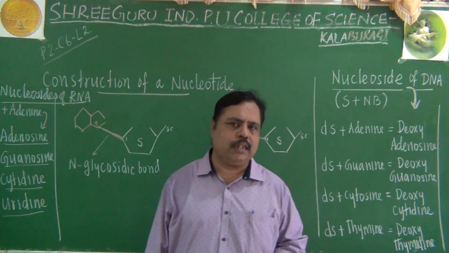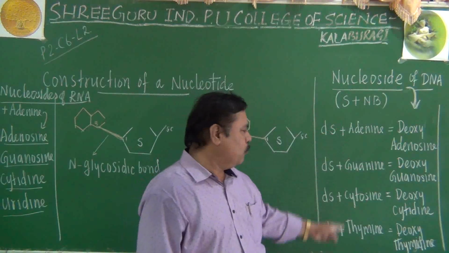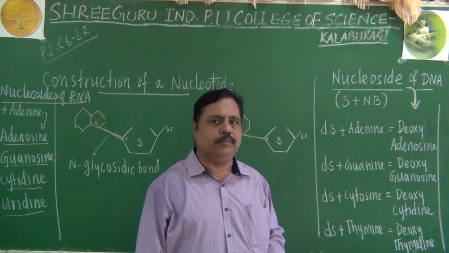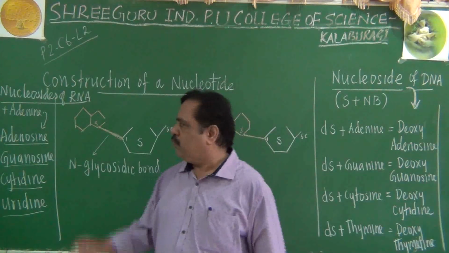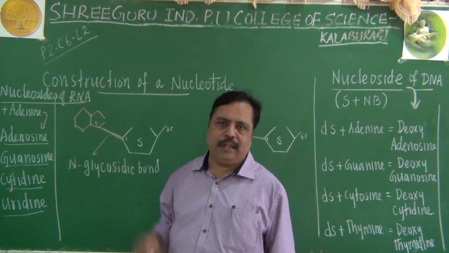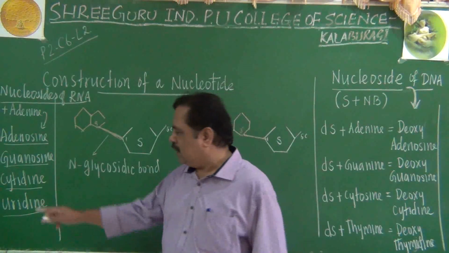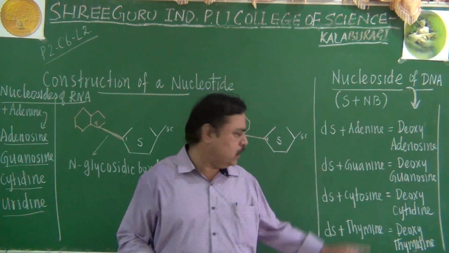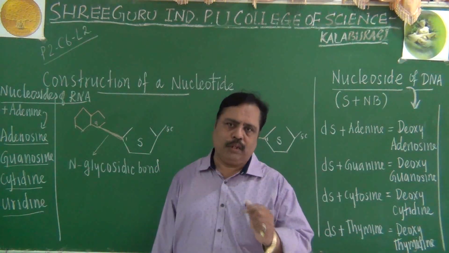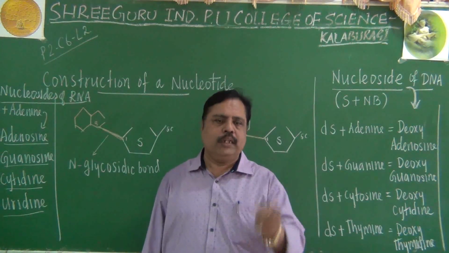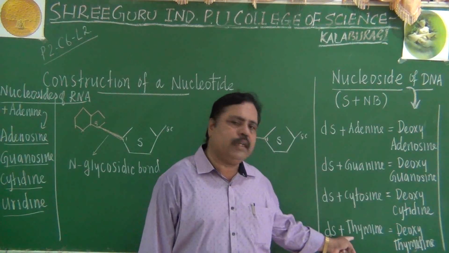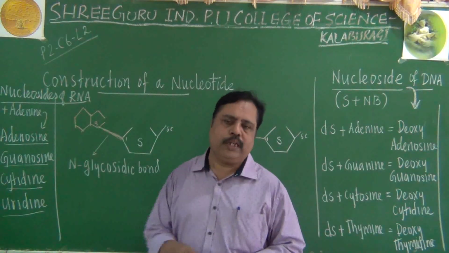So you can understand another point. Adenine, guanine, cytosine are common for both DNA and RNA. Where do they differ? Mainly in the uracil base or the thymine base. So the main difference is in the sugar molecule. The second difference is whether they contain thymine or uracil.